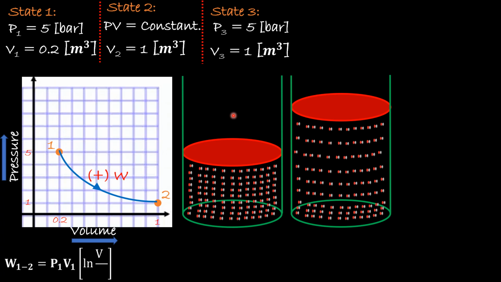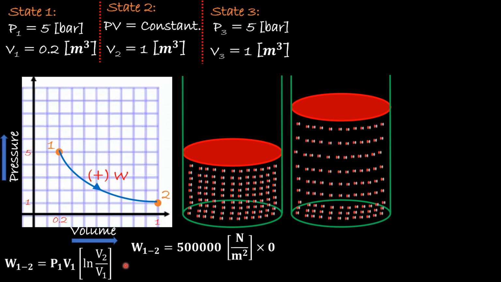Next, we want to find the work value associated with this process. Just like the previous problem, you can go to problem 2.27 on the thermodynamic playlist, and you can see how we got this work expression.